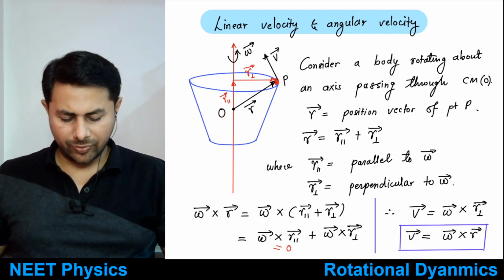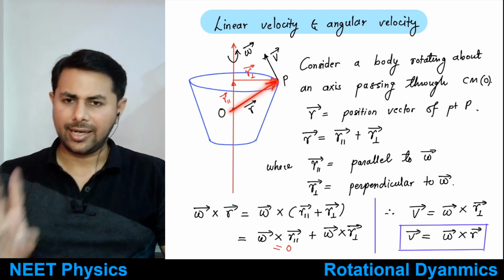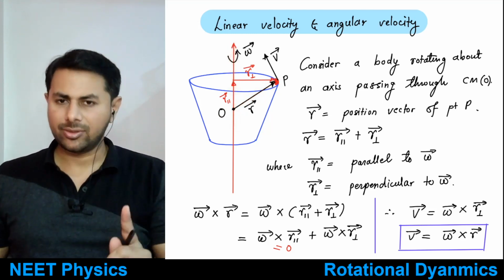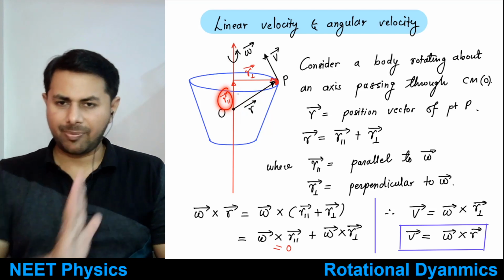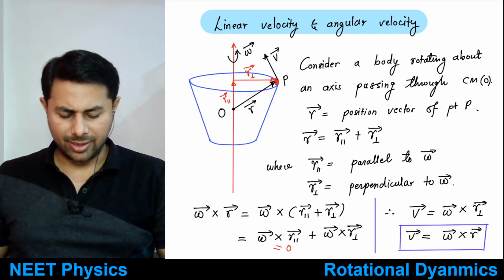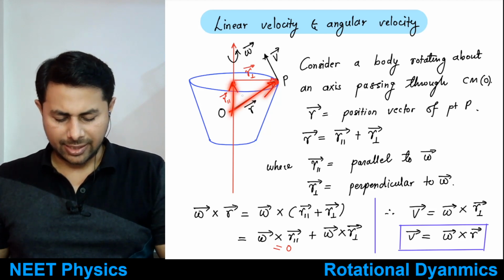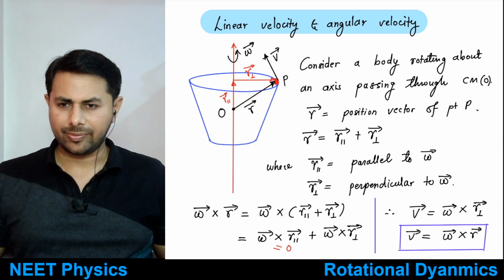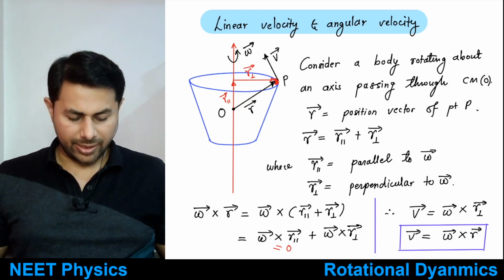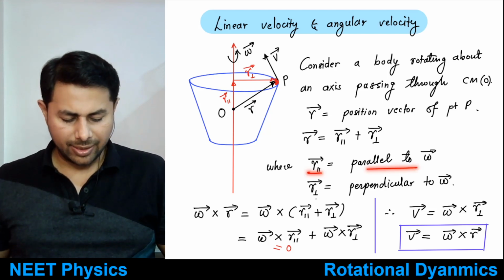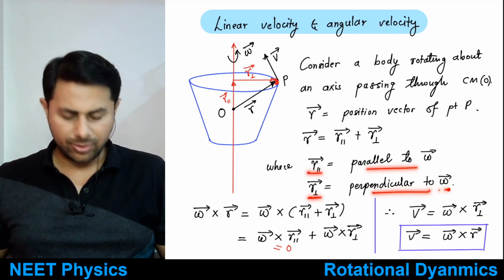I can resolve this r bar into two components. This is my axis of rotation. This is r parallel and this is r perpendicular, so r bar is r parallel plus r perpendicular. r parallel is parallel to omega bar, and r perpendicular is perpendicular to omega bar.